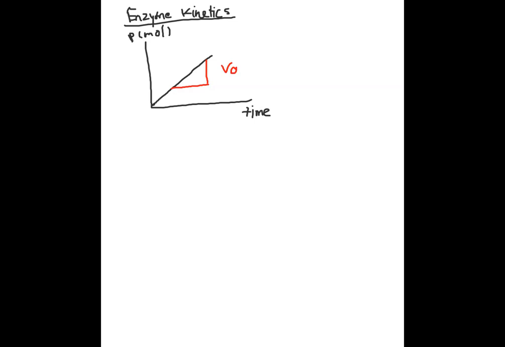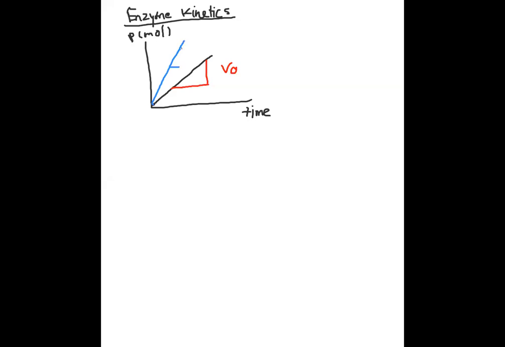Another point is that if you increase the amount of the enzyme in the assay, it would make the reaction faster. For example, if you increase the enzyme amount 2 times, the slope would also be 2 times the initial slope.